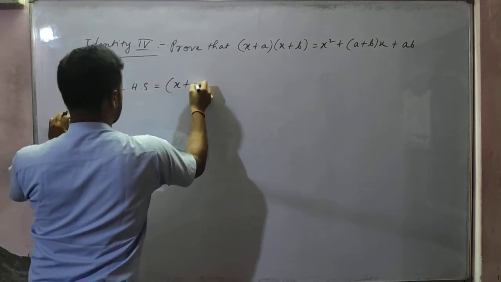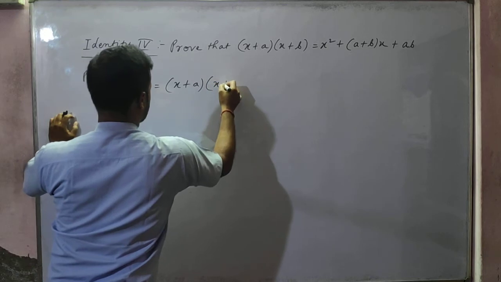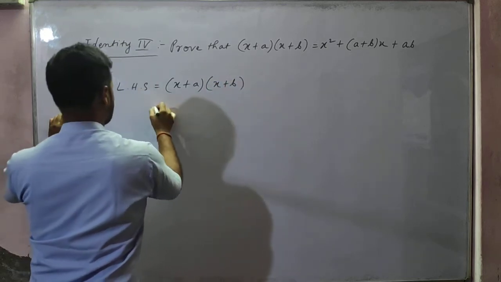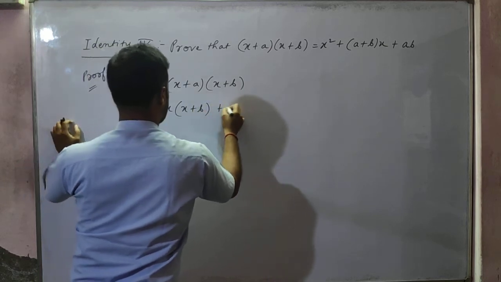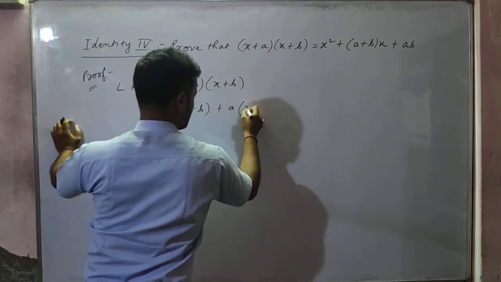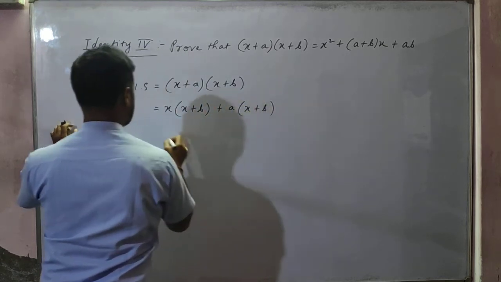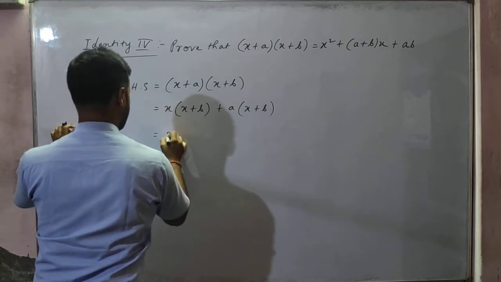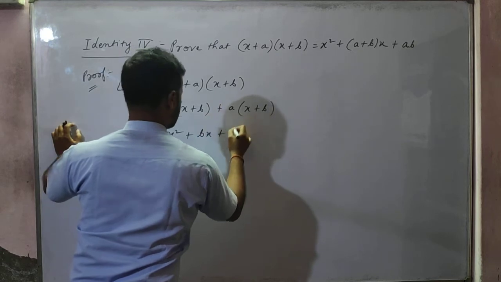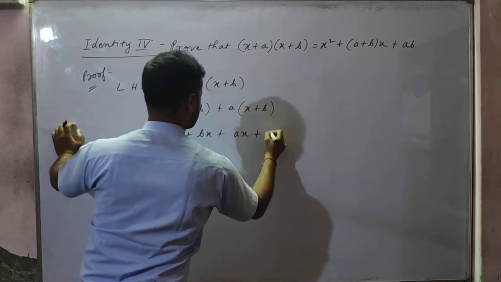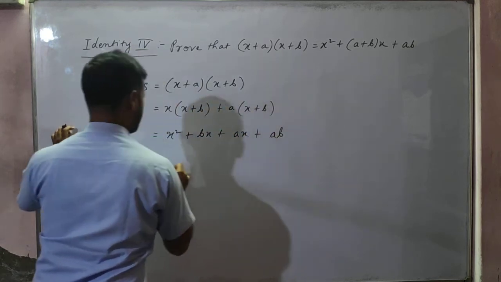So x plus a into x plus b is equal to x into x plus b plus a into x plus b. So x into x will become x square, x into b will become bx, a into x will become ax, and a into b will become ab, isn't it?